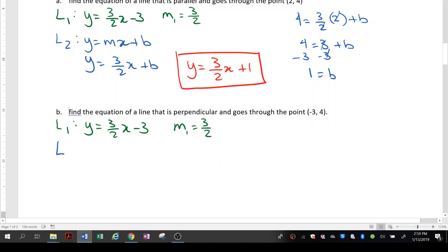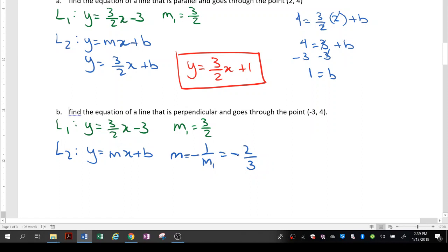So in our second line, y equals mx plus b, we want our slope to be the negative reciprocal. So that would mean our new slope is negative 2 over 3. So it's the reciprocal, and we've changed the sign to make it negative.